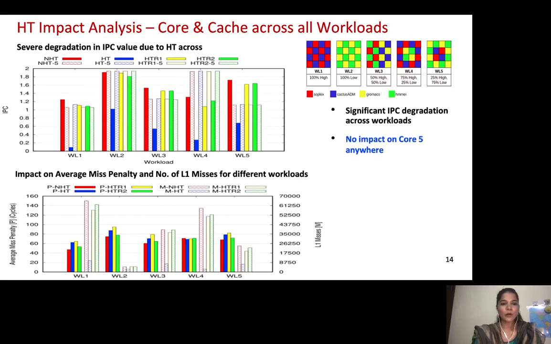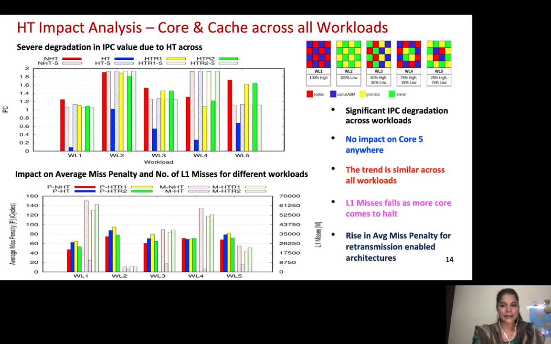No impact on core 5 is registered anywhere because core 5 is the router where HT resides. Impact on average miss penalty and number of L1 misses is also similar across all the workloads. L1 misses fall as more cores come to a halt. We can see a rise in average miss penalty for retransmission enabled architectures.